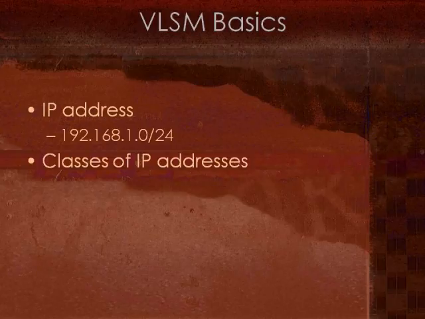For example, this one is a Class C network address. As you can see, the slash format is 24, so its subnet mask is 255.255.255.0. Also, before we start VLSM, let's discuss the classes of networks.